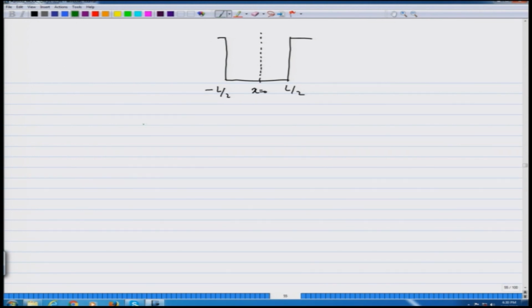The Schrodinger equation is minus h cross square over 2 m d2 psi over dx square plus V x psi equals E psi.